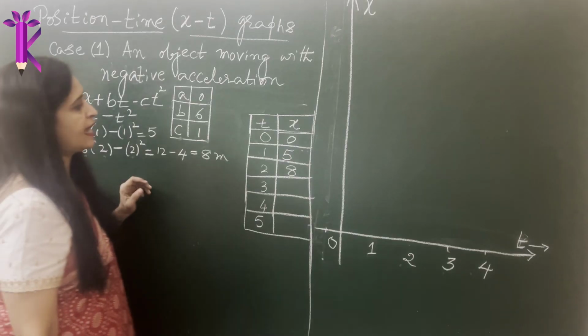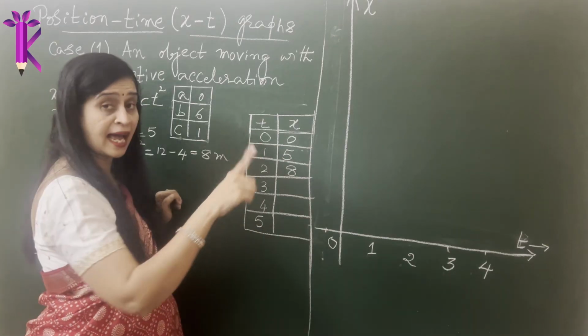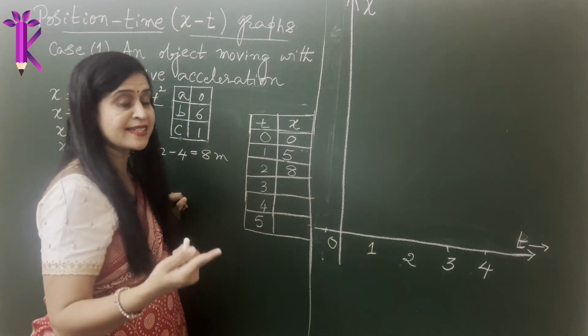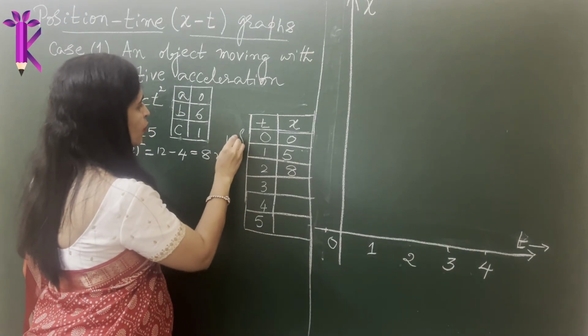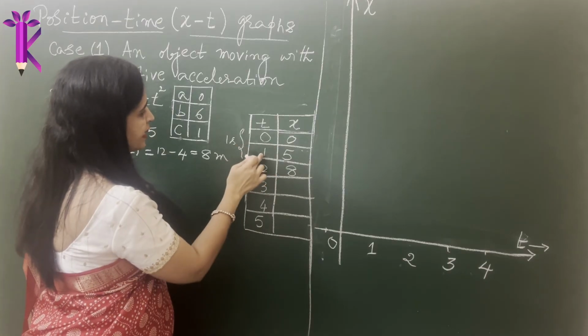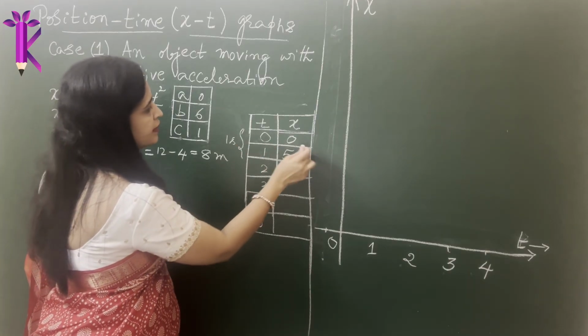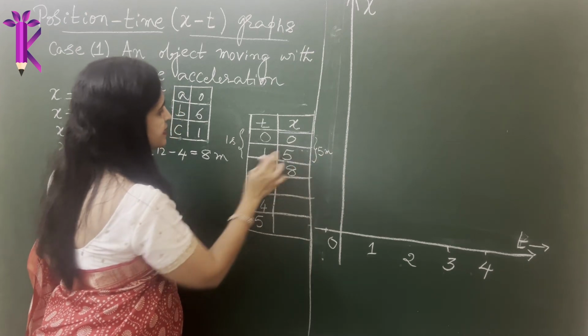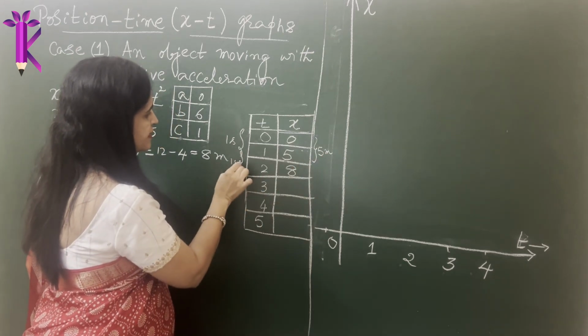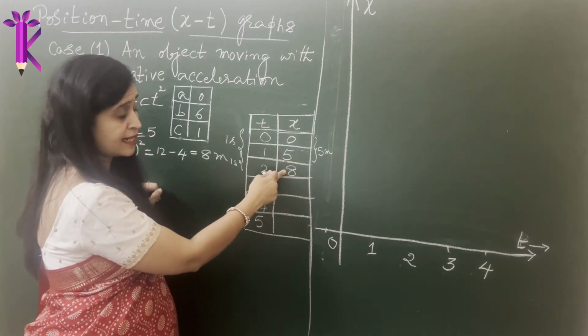Now there is something that I want to let you know. Unlike the previous graph, where for a 1 second difference in time the distance covered kept increasing, here for a 1 second difference in time, the distance covered was 5 minus 0, 5 meters. For the next 1 second, it is at 8 meters now. 8 minus 5 is 3 meters.